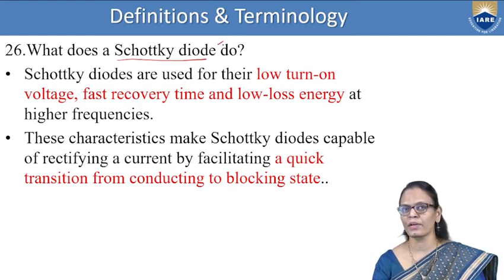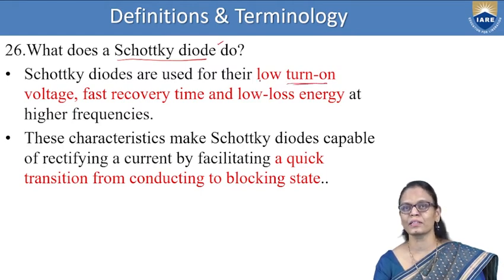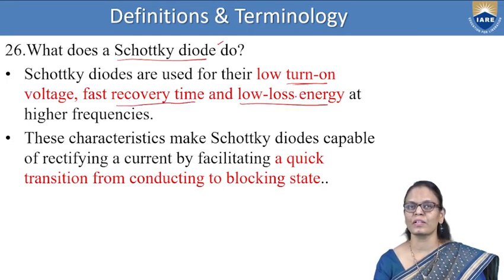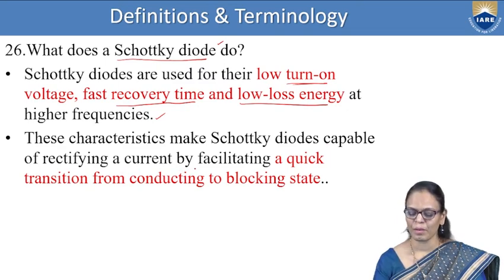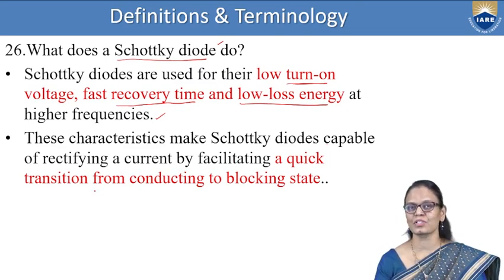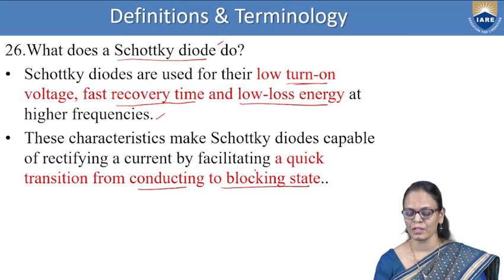In a Schottky diode, the turn-on voltage is very low, meaning it will turn on at a very low voltage, and there is a fast recovery time and low loss of energy at higher frequencies. These characteristics make Schottky diodes capable of rectifying a current by facilitating a quick transition from the conducting to the blocking state. So when it is conducting and has to be blocked immediately, we will use a Schottky diode.